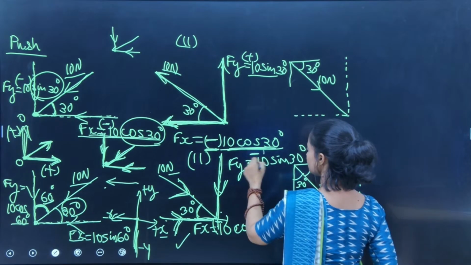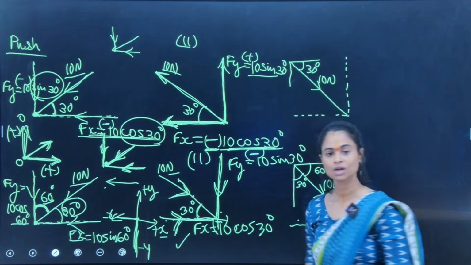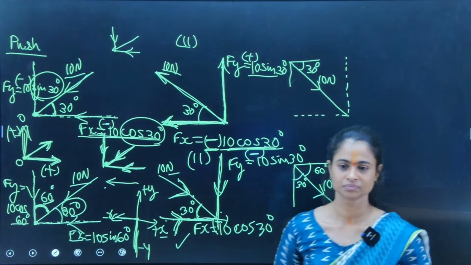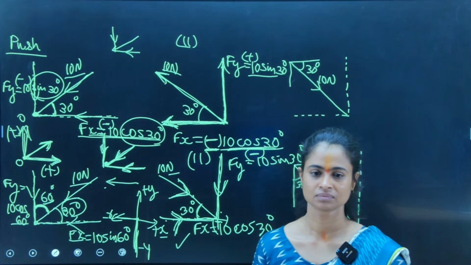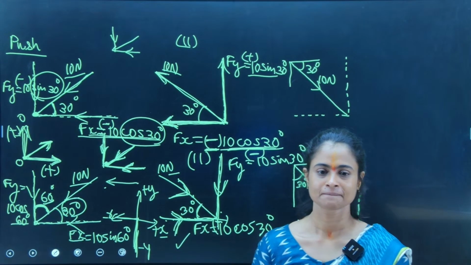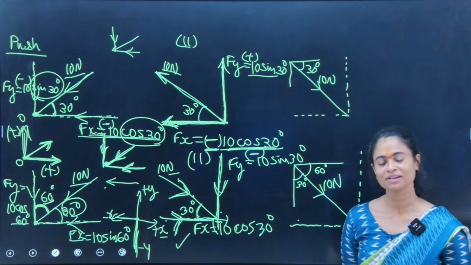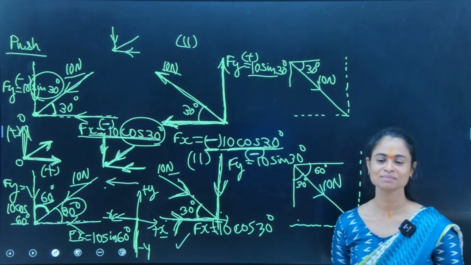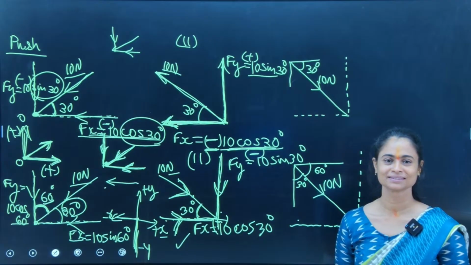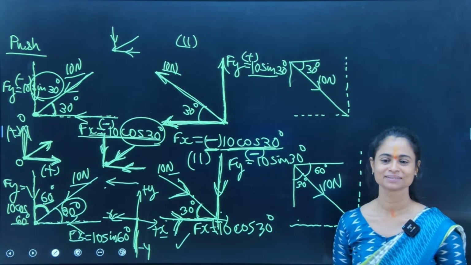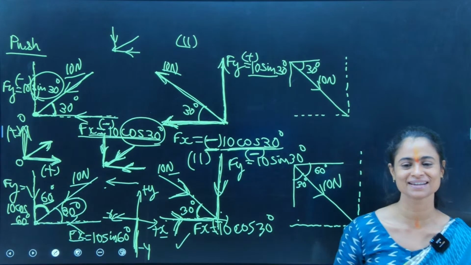Previously it was positive, now it's negative. I think it's clear. Clear? Am I wrong anywhere? Yes, sometimes I can be wrong, and you can correct me. That shows your understanding.